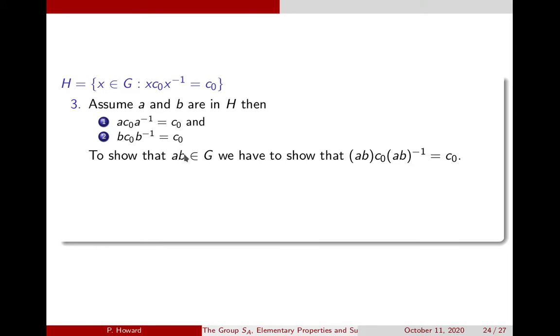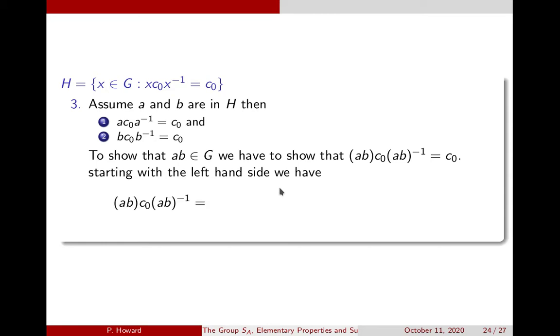To show that A times B is in H, we have to show that AB times C0 times AB inverse is equal to C0. This is the equation describing H with x replaced by A times B. We are going to start with the left-hand side of this equation and use these two assumptions to end up with C0.